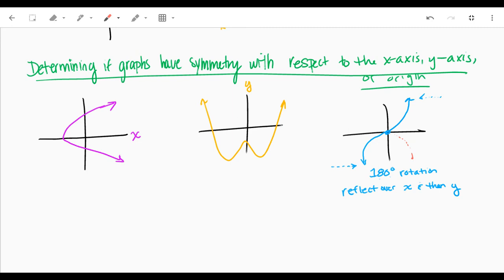Then if I reflect it over the y-axis, so just take that red one and reflect it over the y-axis, I end up with the same graph. So that means that I have symmetry about the origin. Okay, so we'll look at some examples here.